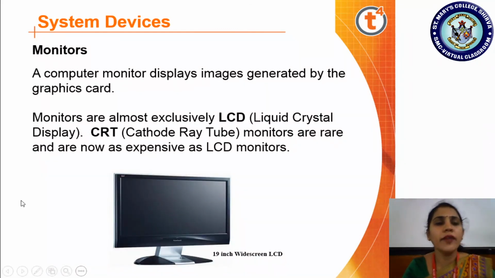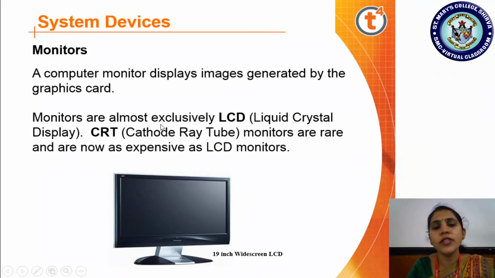Now you have the other major system device, that is the monitor, right? A computer monitor displays images generated by which one? In our previous discussion, just now in today's session, we covered the graphics card, right? Whatever data is processed by this graphics card is all displayed as an image on this monitor.